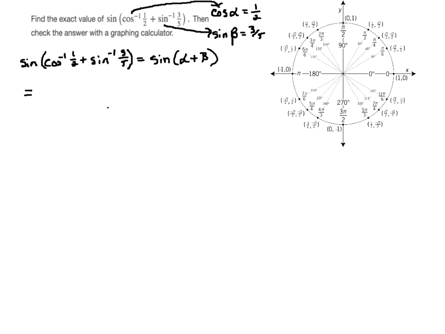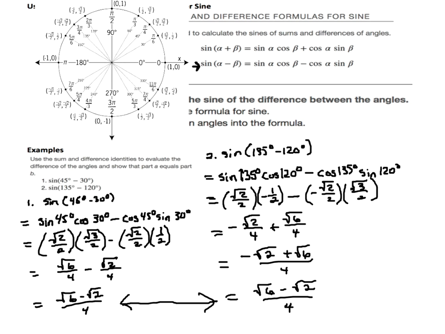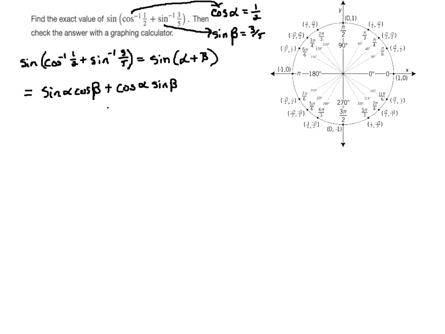Using my formula, sine alpha cosine beta plus cosine alpha sine beta, I got that from right here. So the sine of alpha plus beta is sine alpha cosine beta plus cosine alpha sine beta. That's the formula that I'm going to use.